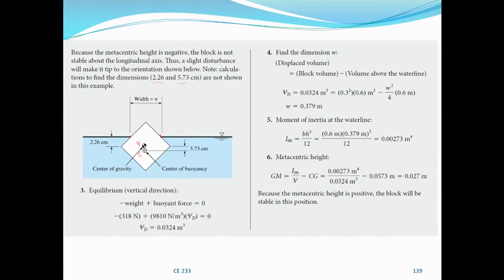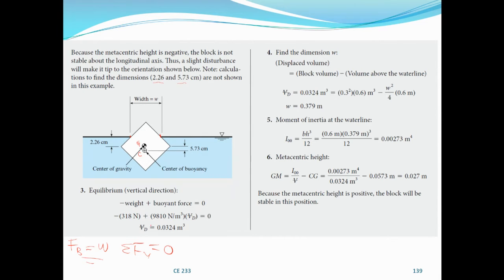We still have equilibrium in the vertical direction, because it is floating, so the buoyant force balances the weight of the body, which makes summation Fy equals 0.